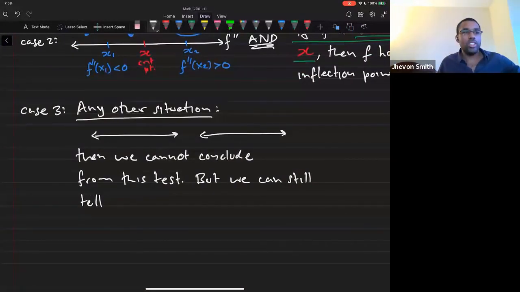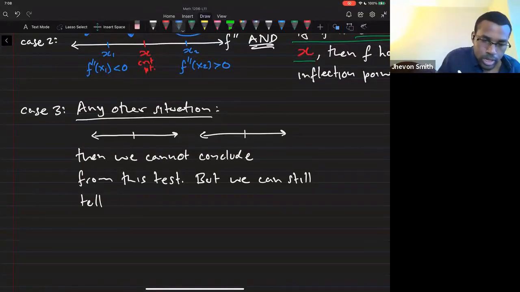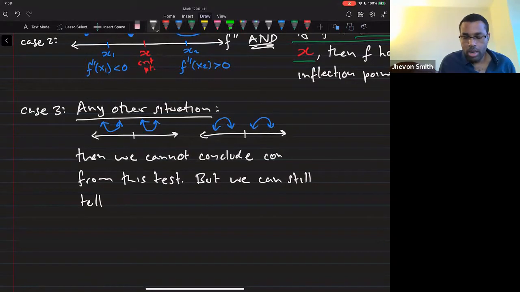And if you're in any other situation, like here was the critical point and you're concave up and concave up, you actually don't switch, or concave down, then we cannot conclude inflection points.